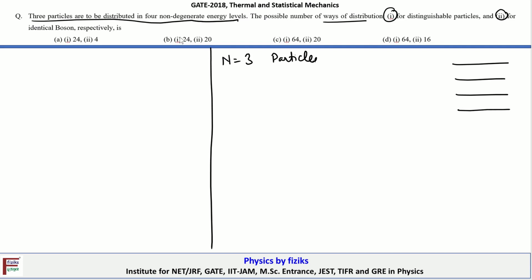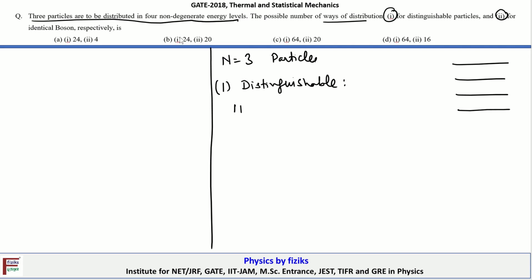Now the question is, in the first case we have to treat the particles as distinguishable. So when the particles are distinguishable, there is going to be no occupation constraint on the number of particles that a particular level can have. Now let's take a look at the first particle.